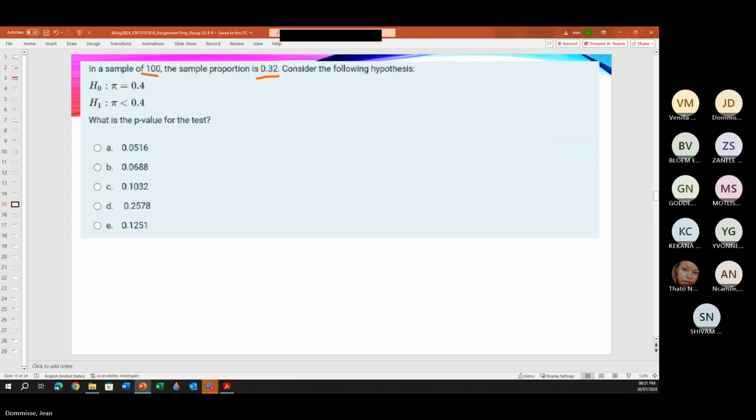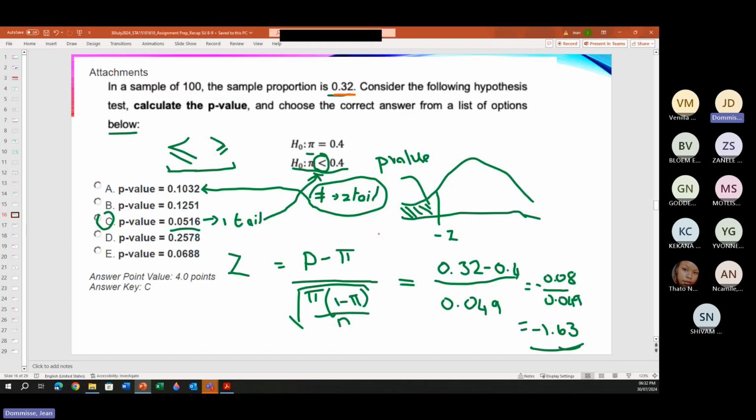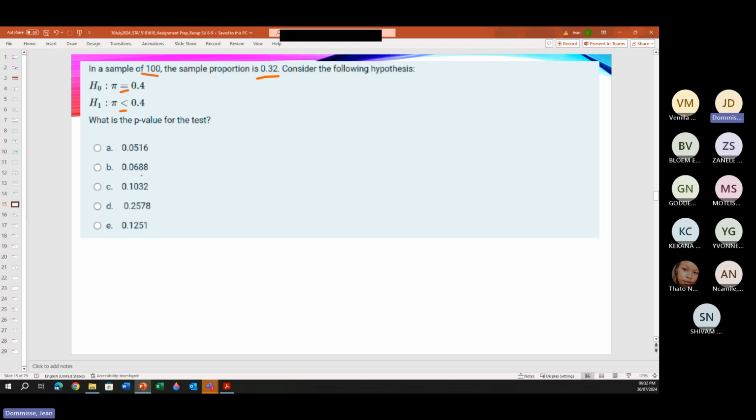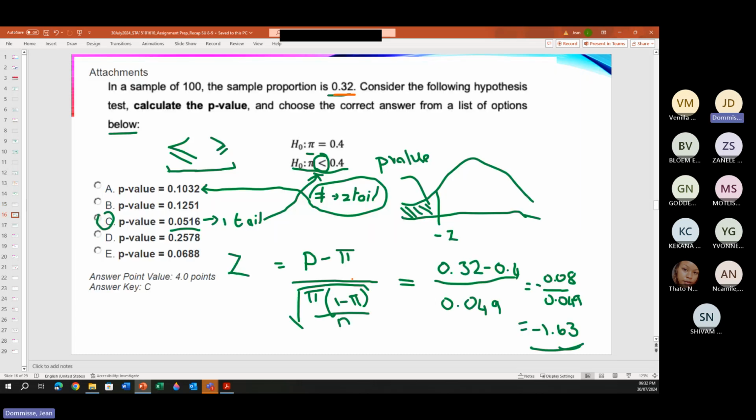Smaller than. So again, exactly the same as the question that we've done last week. So let's just quickly look at it again. We will need to work out what the Z value is, and let's see what's the formula.